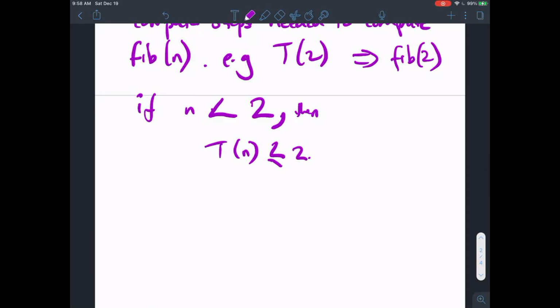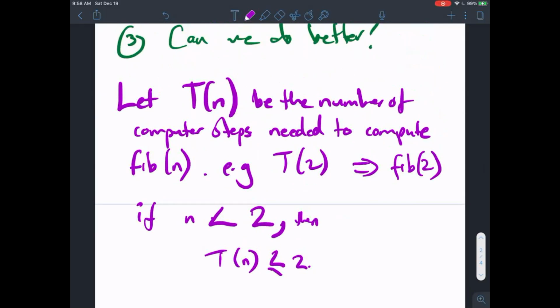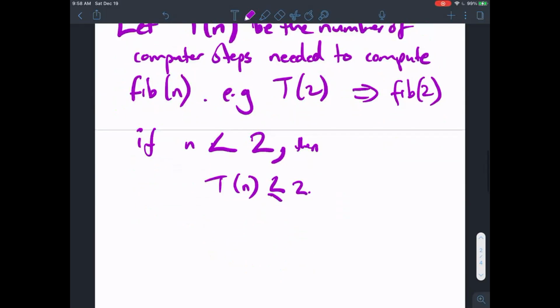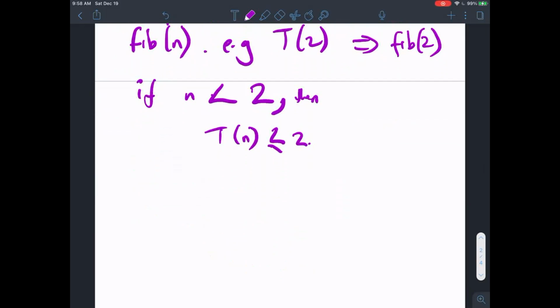So in this definition, let T of n be the number of computer steps needed to compute Fib n. Using that definition, the number of steps needed to compute Fib n minus 1 is T of n minus 1.